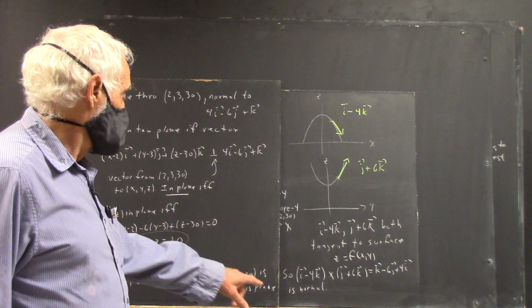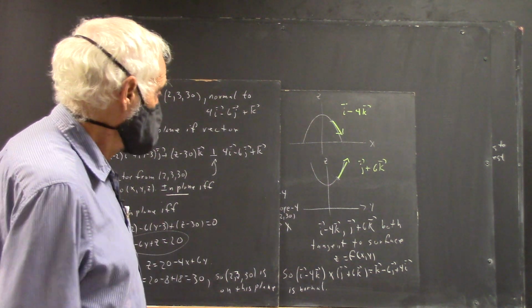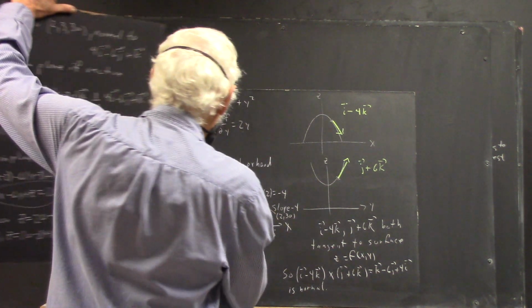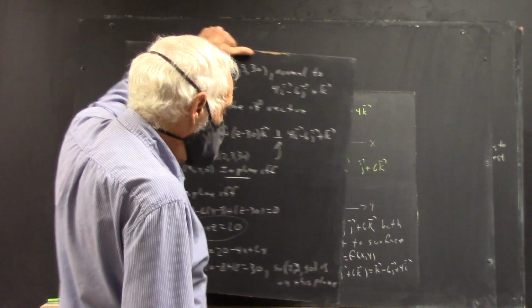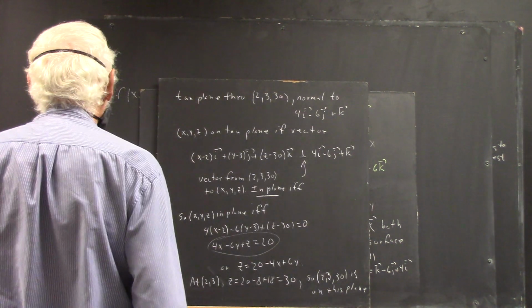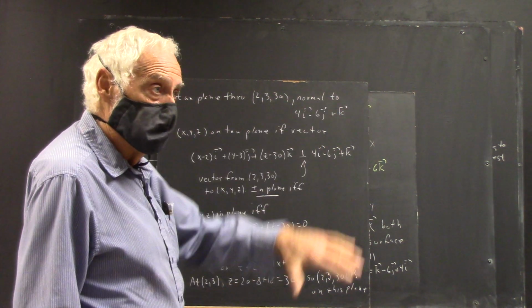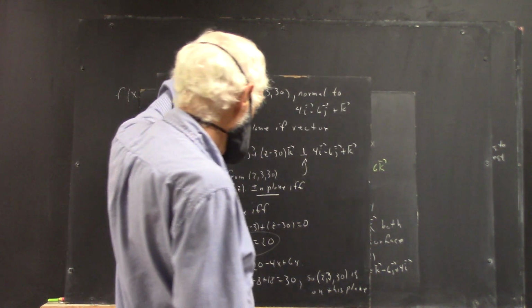Okay, 2, 3, 30 is on this plane, as it must be because it's supposed to be a tangent plane at the point 2, 3, 30. So now we have a plane that approximates this surface in the vicinity of 2, 3, 30.